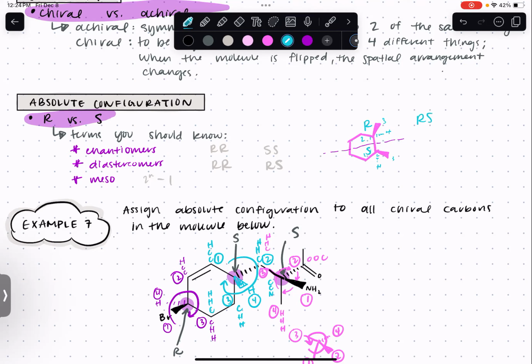And basically what you need to know is that even if I were to flip-flop this, like do a little pancake flip, so that now it is like this, and I get my hydrogens here on a wedge. This is 3, 2, 1, 1, 2, 3.